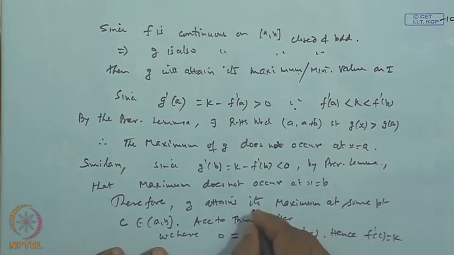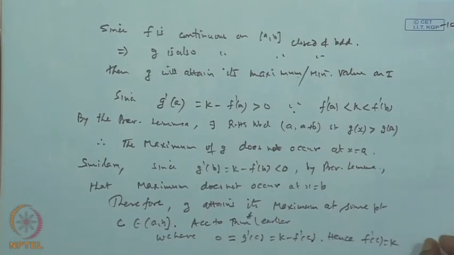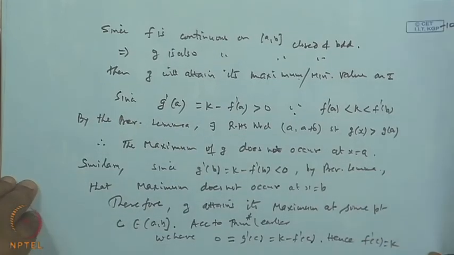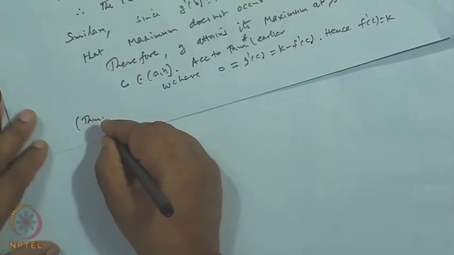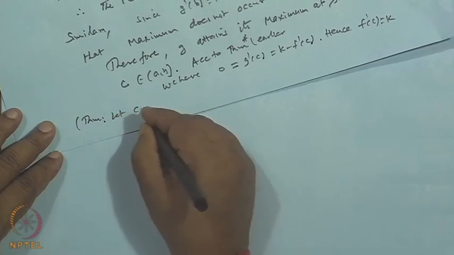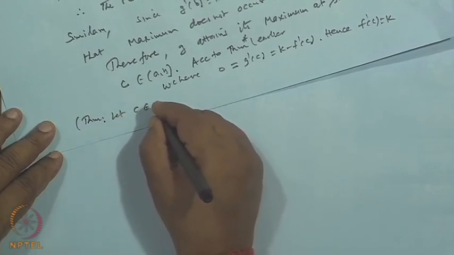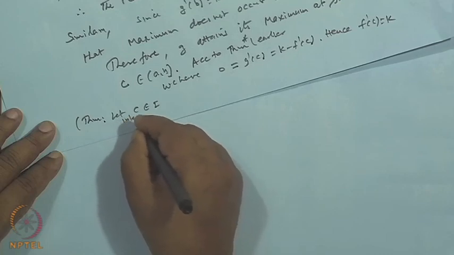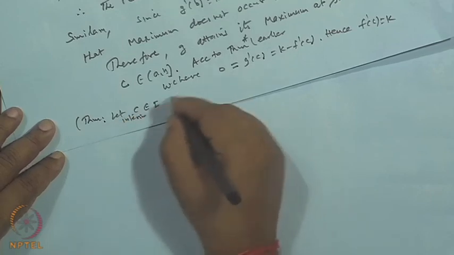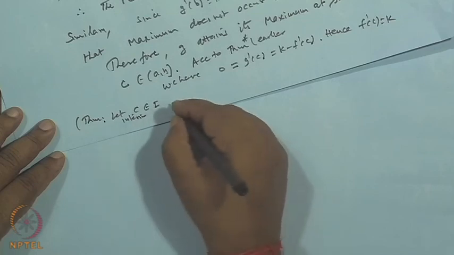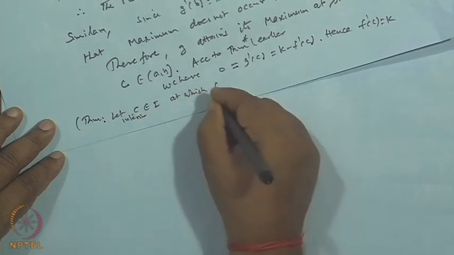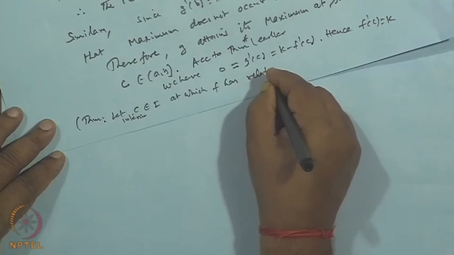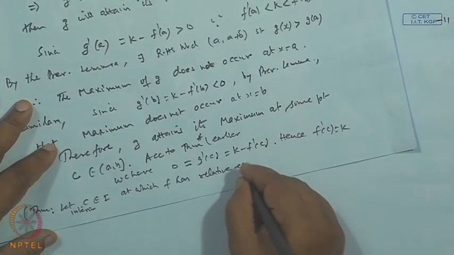According to this theorem, which I am marking with a star, the interior extremum theorem says: let c be an interior point of the interval I at which f has a relative extremum.